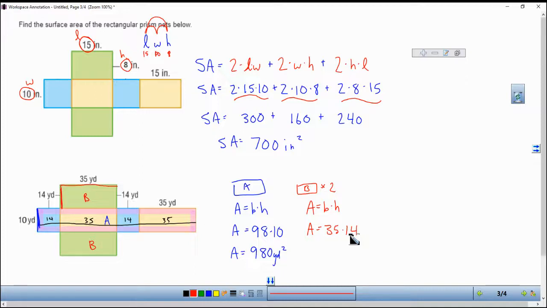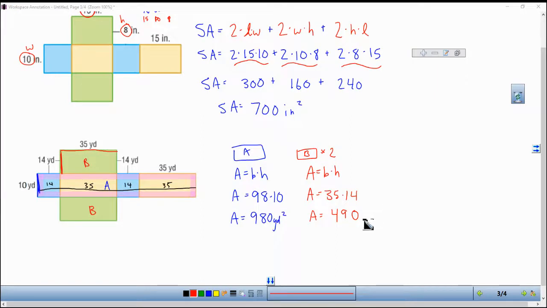So we'll do 35 times 14, and we get 490, which I think is exactly half of 980, actually. And this is going to be yards squared. But remember, we have to multiply that by 2. So 490 times 2, because there are 2 B rectangles, is 980. So it just kind of worked out that way.